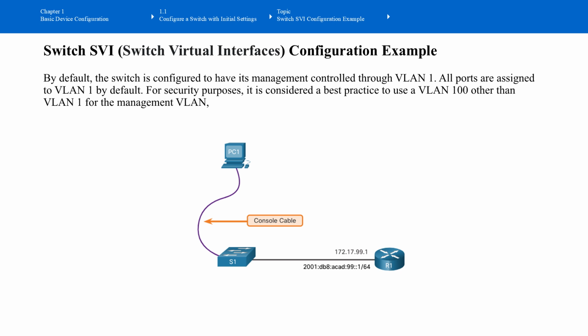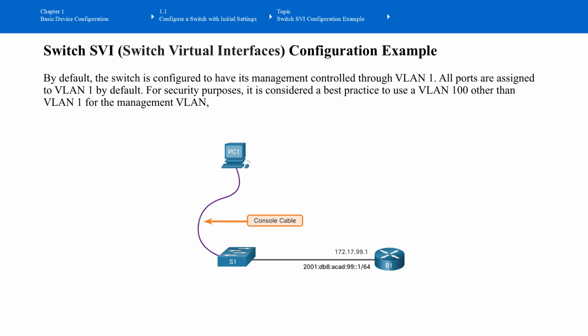By default, the switch is configured to have its management controlled through VLAN number 1. VLAN 1 is the default VLAN; all switches have such a VLAN. VLAN stands for virtual LAN; it is virtual, and we can create many other virtual LANs.